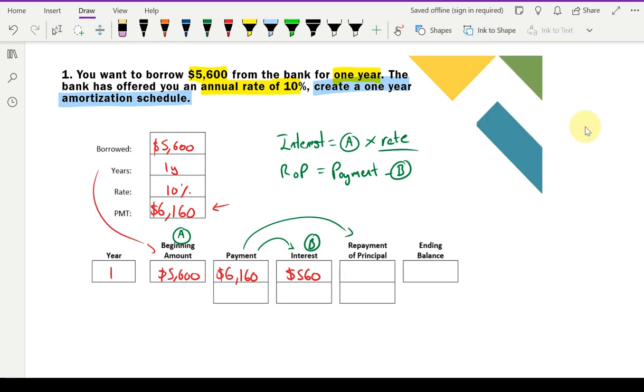So we've paid back the entire amount we borrowed. And the ending balance is simply the repayment of principal minus the beginning amount.